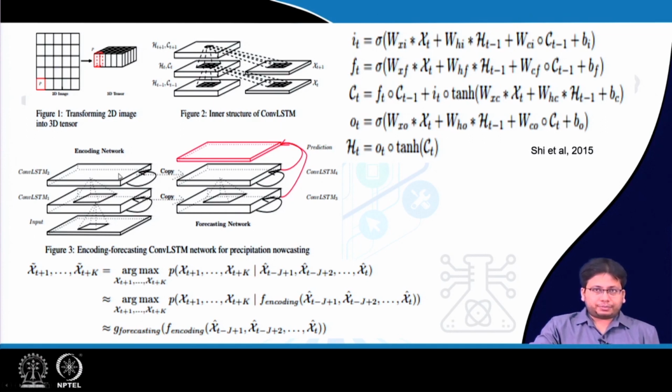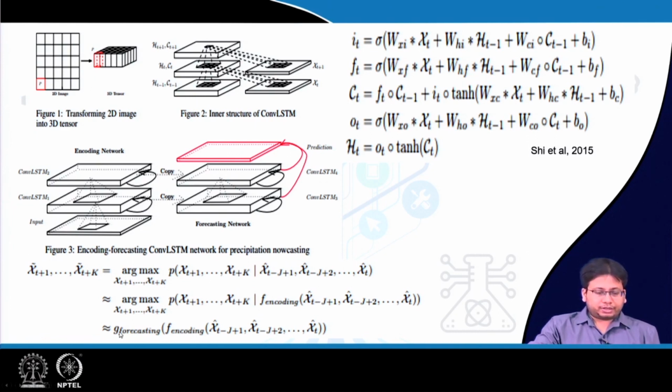In the successive steps both the long term as well as the short term memories are updated. Finally, when the entire input is fed into the LSTM, it generates an intermediate representation. That intermediate representation is then used for forecasting, that is, there is a decoder network which creates the output sequence from that intermediate representation.